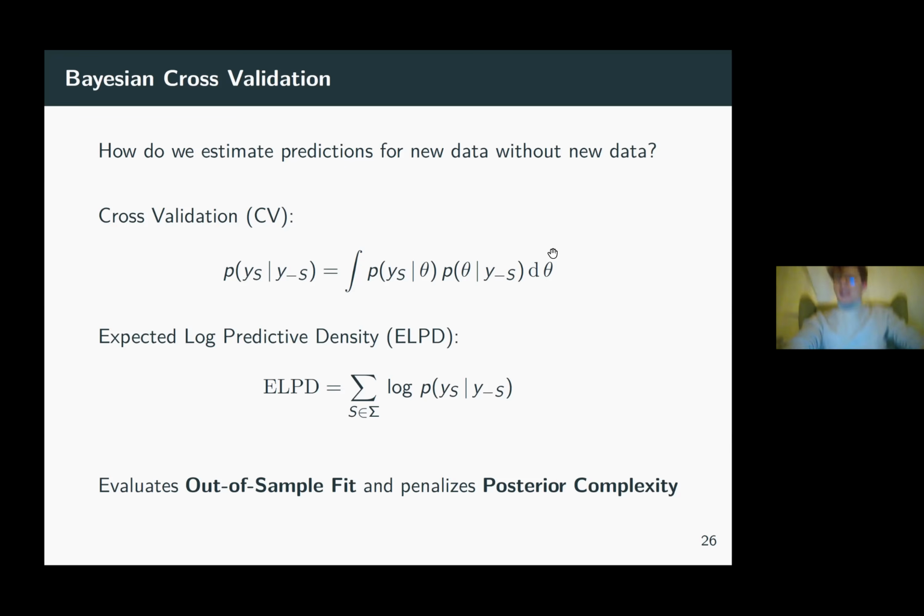And one natural way to answer that is using cross-validation. In cross-validation, we are splitting our data set in two parts. One we call the training data, that is the data we fit the model on. And the other is the test data, that is the data that we evaluate model fit on.